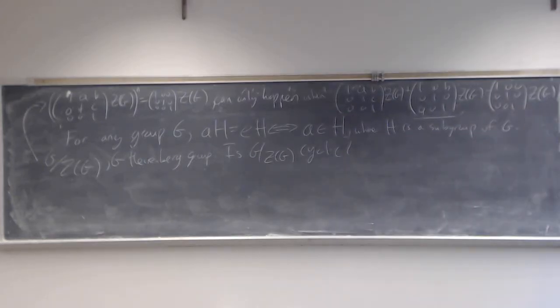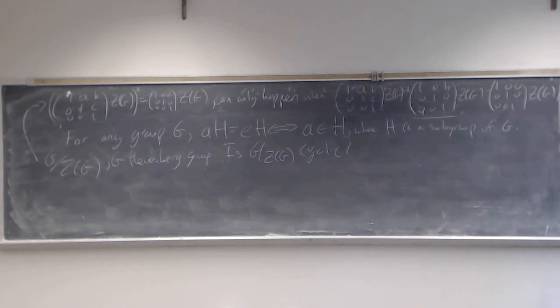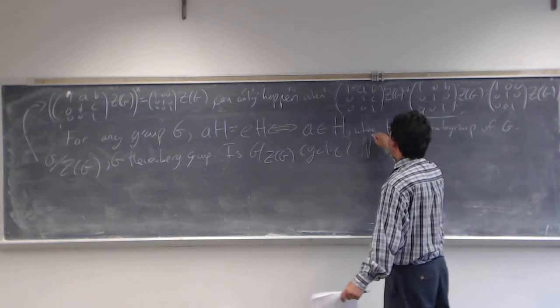Seems like there's at least a shot. It's abelian, so we can't quickly say there's not cyclic. There's infinitely many elements. If all the elements in the group had finite order, we could definitely say no way it could be cyclic. But here, the elements have infinite order, so it's still got a chance to be cyclic. But it turns out the answer is no.